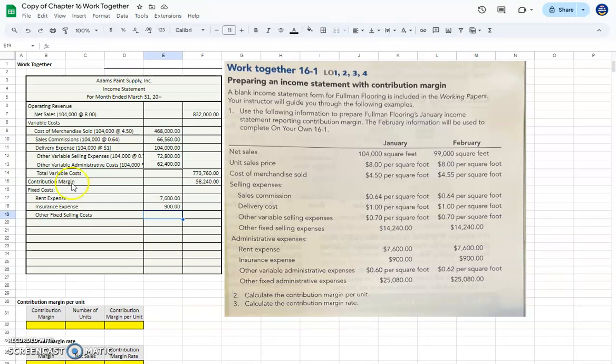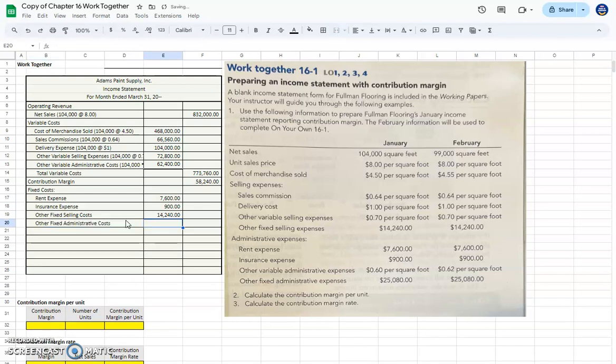Where was that one? Oh, up here. 14,240. And then fixed administrative down at the bottom. $25,080.